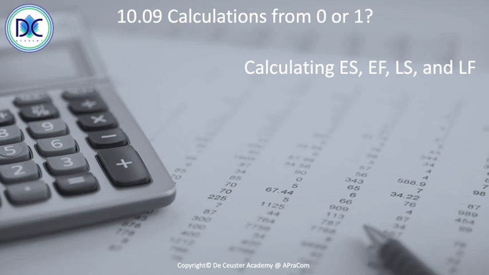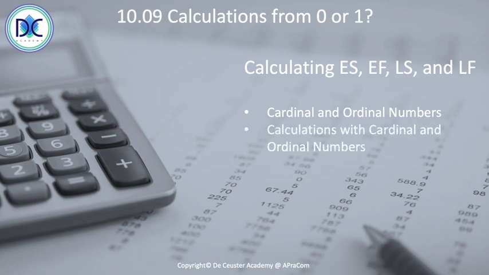I see in PMI they start from 1, some people start from 0, and basically both methods should result in the same outcome, the same early start, early finish, late start, and late finish times. But there are some differences. First, we have to compare them with cardinal and ordinal numbers.